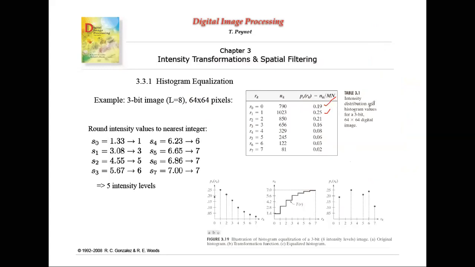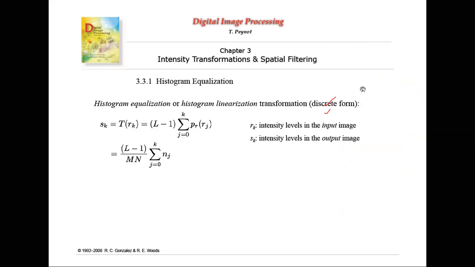What is this cumulative addition? You see the formula here. Let me go back to the previous page. This is cumulative addition. First value will be the probability itself. Second value will be probability of the 0th level and probability of the first level. Third value will be probability of zeroth plus probability of first plus probability of second, multiplied by levels L minus 1.